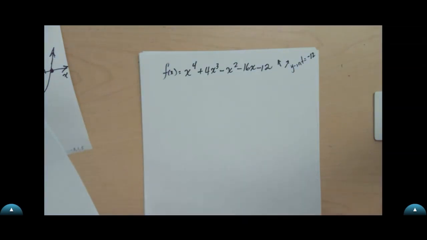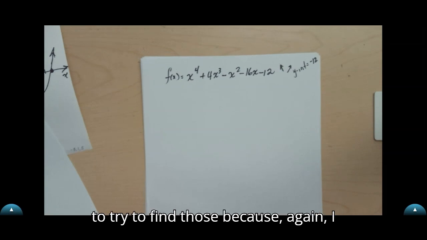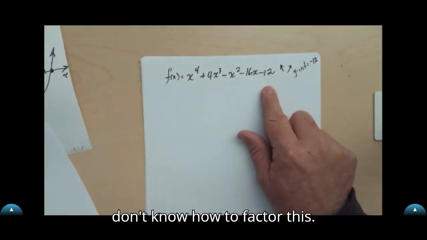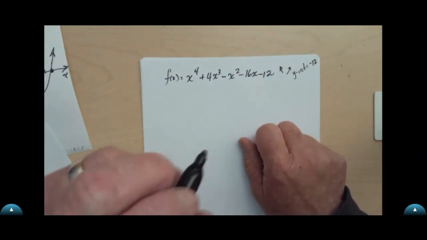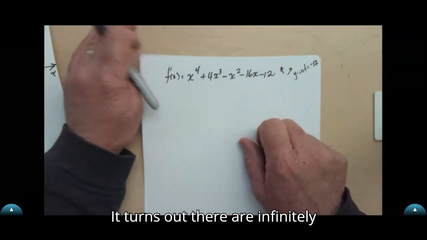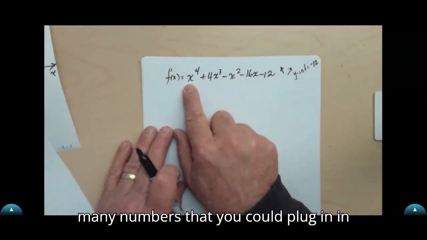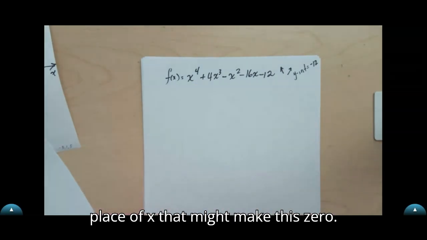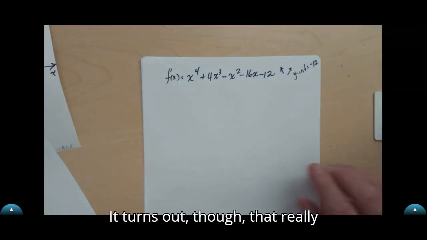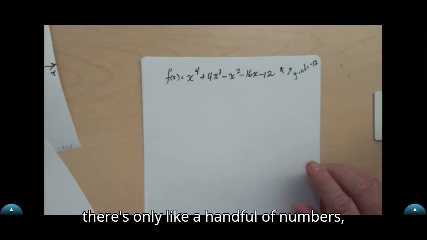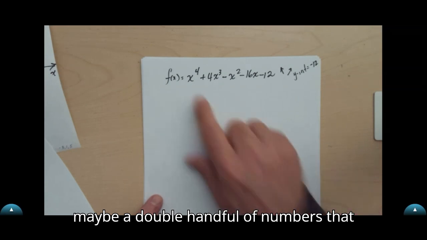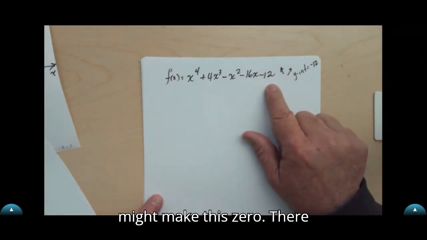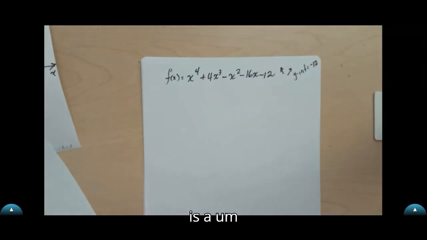We're going to do some synthetic division to try to find those because, again, I don't know how to factor this. It turns out there are infinitely many numbers that you could plug in place of x that might make this 0. It turns out, though, that there's really only a handful of numbers, maybe a double handful of numbers, that might make this 0.